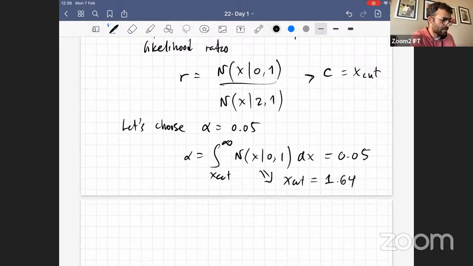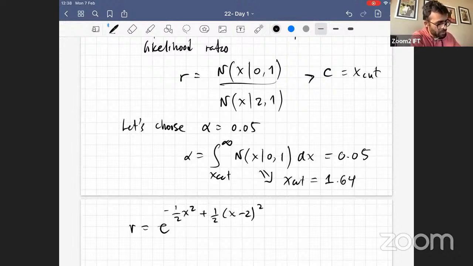Okay. And then you just compute the likelihood ratio. Computing the likelihood ratio means R equal to e to the minus X squared, the exponential of the numerator, minus the exponential of the denominator, so it becomes a plus X minus 2 squared, right? And then the normalization is the same because I have considered the same variance for the two hypotheses.